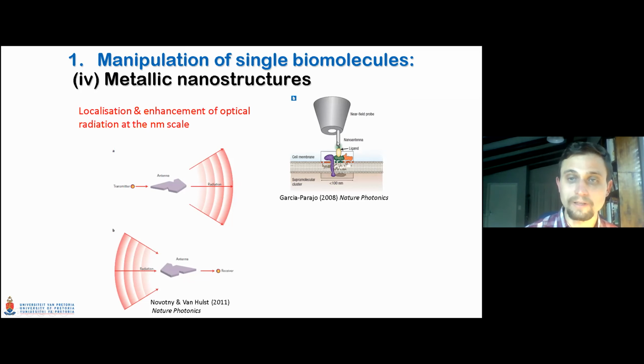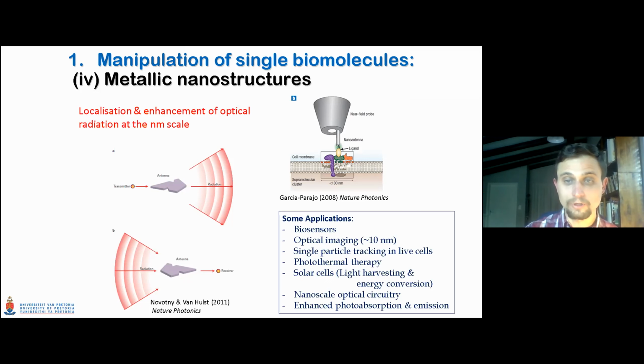Here's an example of a nano antenna that was coupled to a near-field probe of a microscope. The light is then localized by this nano antenna very close to the surface, forming a hot spot, and then a protein was brought into this hot spot, and you can manipulate many of these properties in remarkable ways.